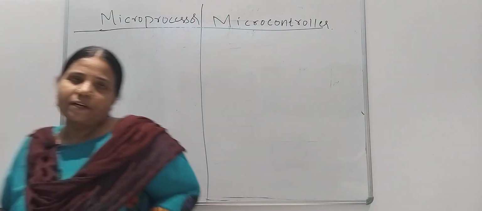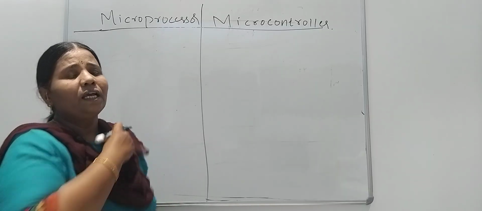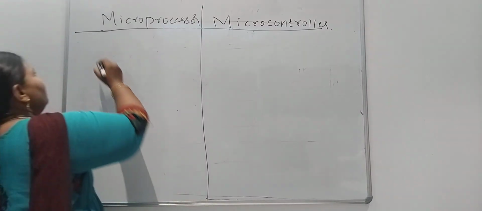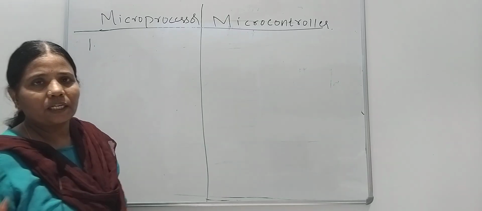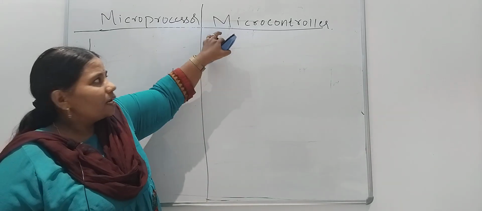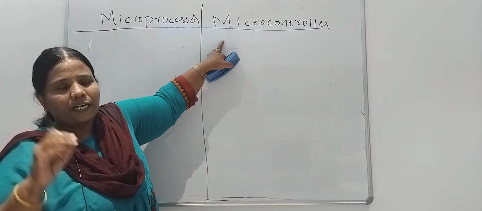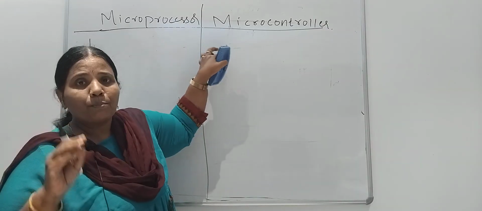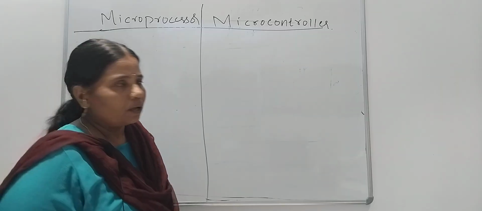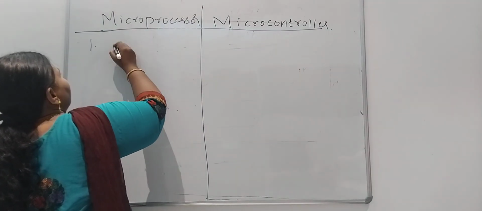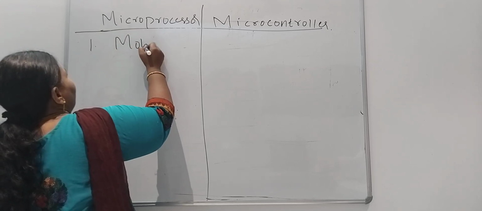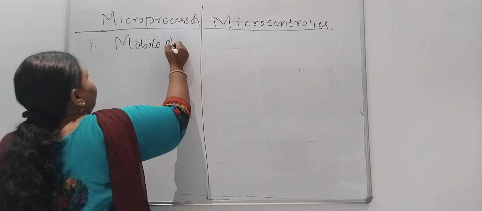The first difference is what you are going to use. Already I told you the CPU is connected externally to the other hardware devices in a microprocessor, whereas in a microcontroller, the memory, input device and output device are present inside. An example where you use a microprocessor is your mobile phone, a real-time application.